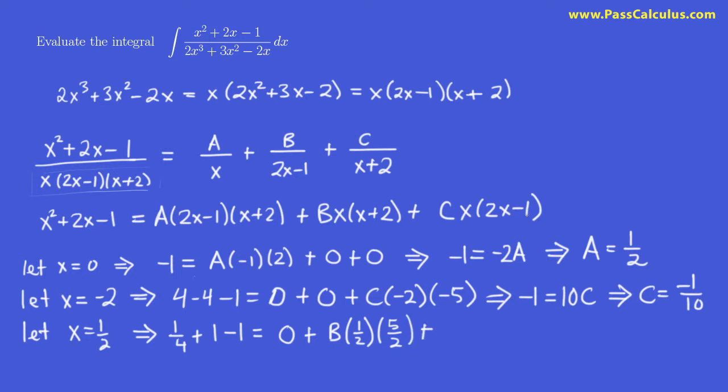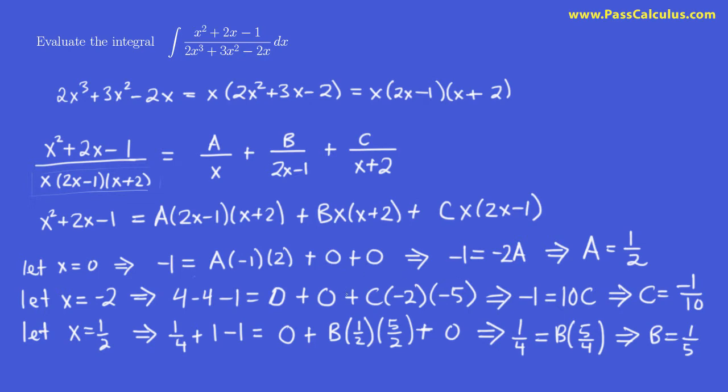And when x is a half, that makes this 0, and therefore the entire thing is 0. So what do we have left over here? Well, plus 1 minus 1 just go away, so I'm just left with a quarter. And this is 5 over 4, so it's B times 5 over 4. Those 4's cancel, so it's really 1 equals 5B. So that means B is 1/5. All right, good. So we found our 3 values of A, B, and C.